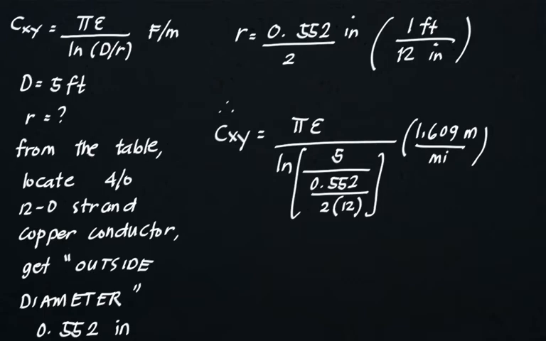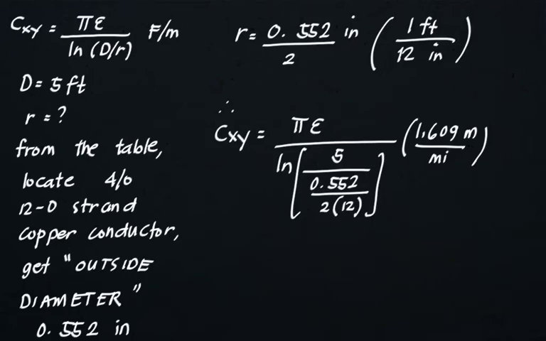We are asked to get the line-to-line capacitance. So farad per meter is the default unit for CXY, and the given line length is 20 miles, so we have to convert meter to miles.